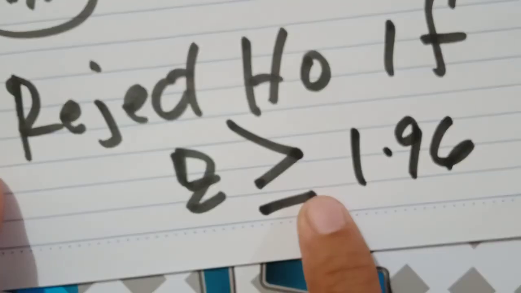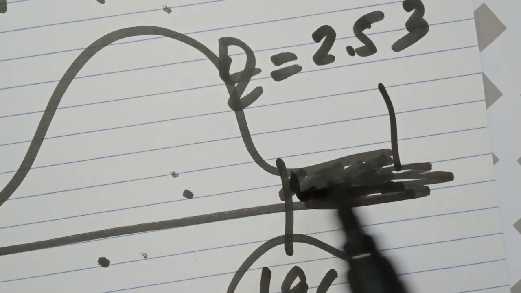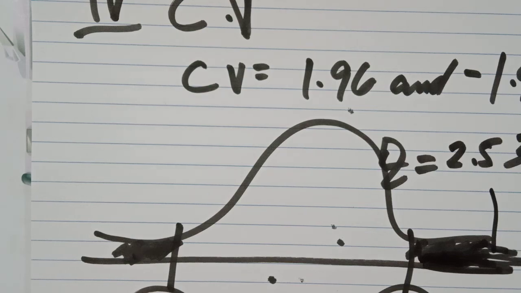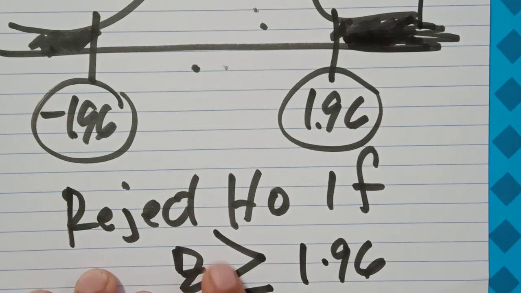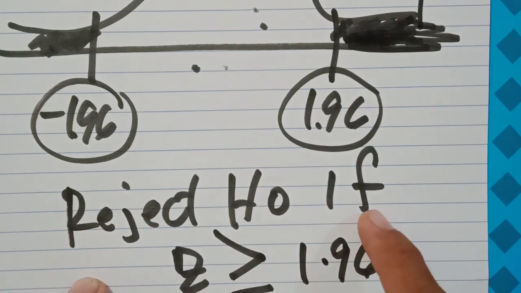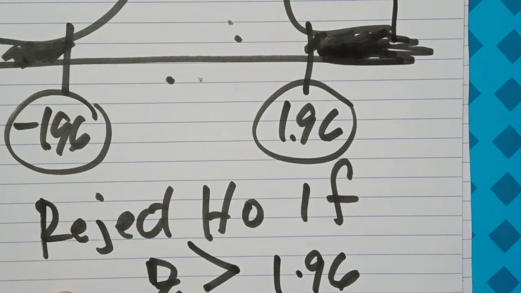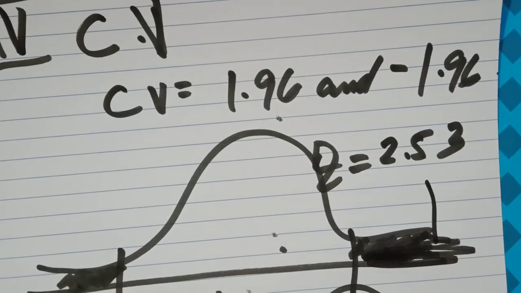So dahil positive yung Z, dito tayo maglalagay o magiging basihan natin ito sa positive area. So ito ang ating setting of our decision. I-reject natin yung H0, null hypothesis, if the computed Z is greater than or equal to the critical value.